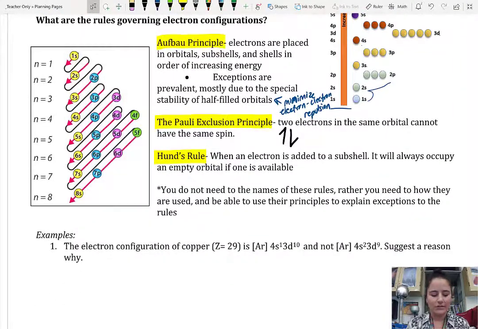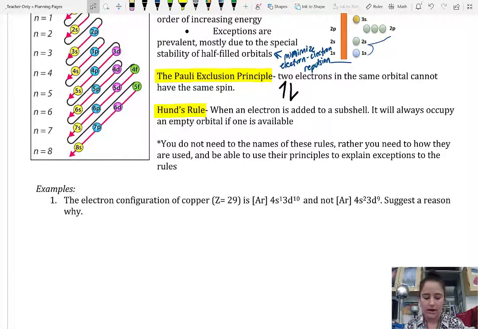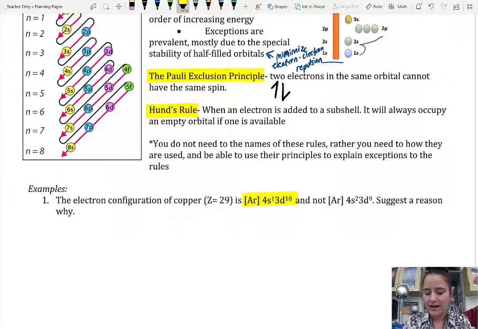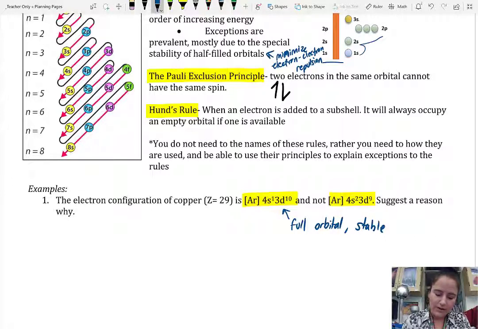For example, the electron configuration of copper, atomic number 29, is 4s1 3d10 and not 4s2 3d10. And the reason for that, okay, why do you think? Well, if you go into the d orbital, this is a completely full orbital, okay, and that makes it more stable, where this one is now a half-filled orbital.